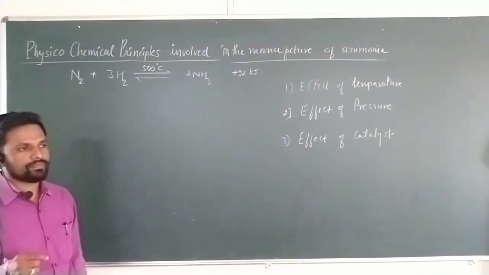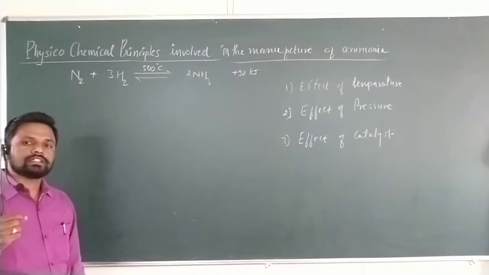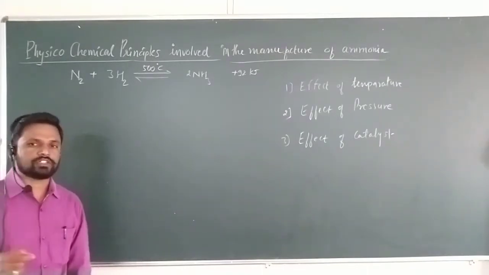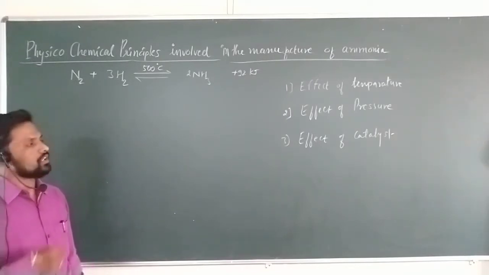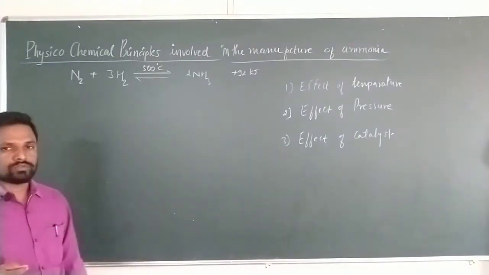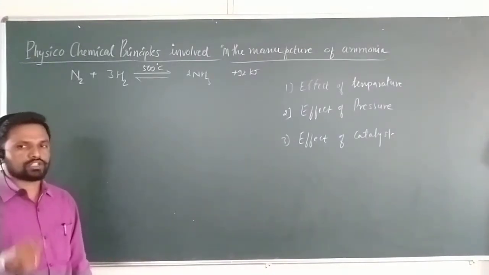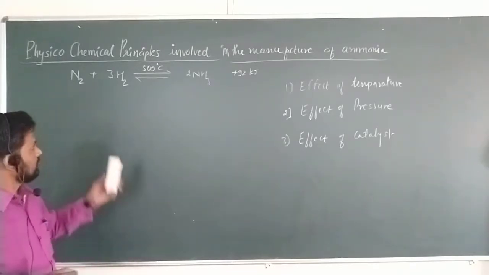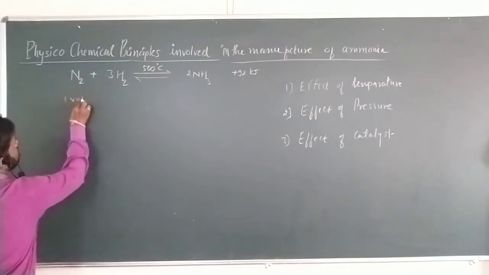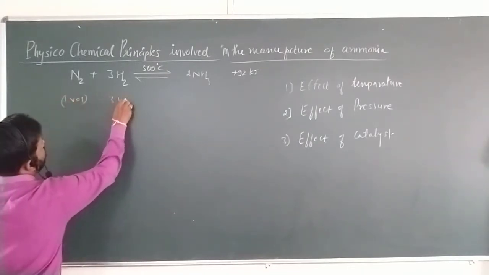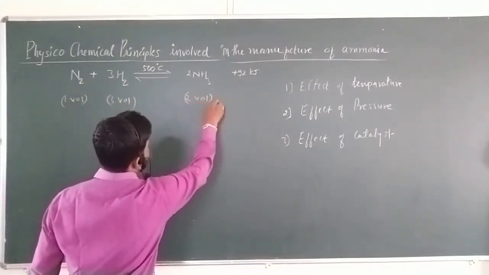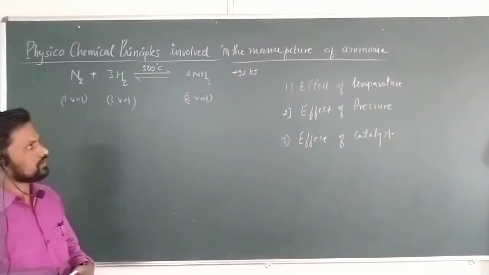That is the effect of temperature, effect of pressure, effect of catalyst on the manufacture of ammonia reaction, that is N2 plus H2 gives ammonia, where we already studied that 1 volume of nitrogen and 3 volumes of hydrogen form 2 volumes of ammonia with evolution of plus 92 kilojoules of heat.